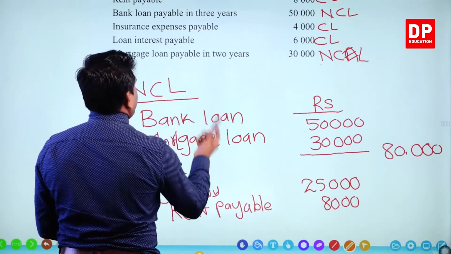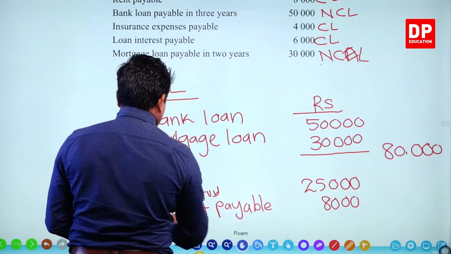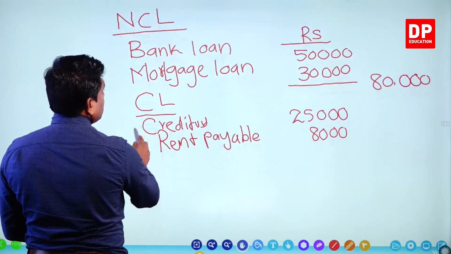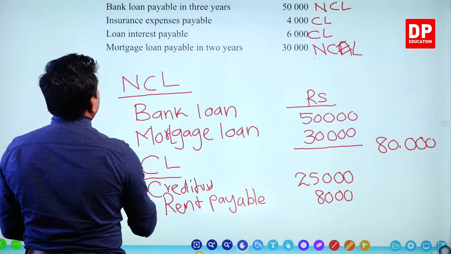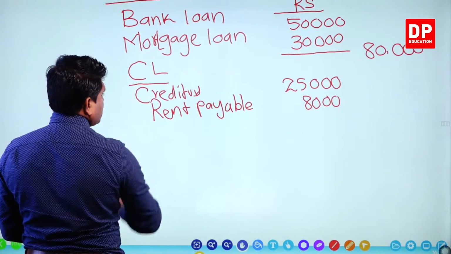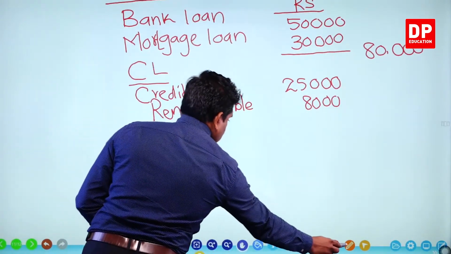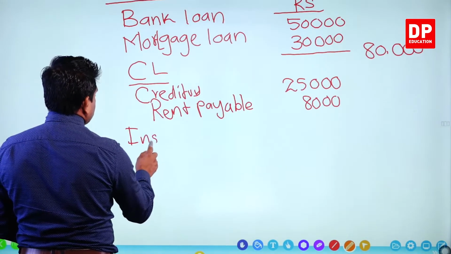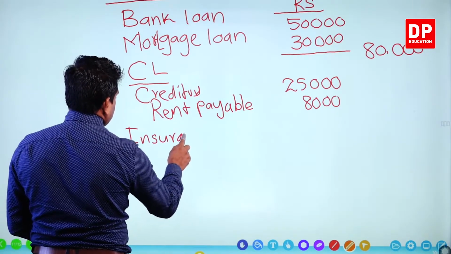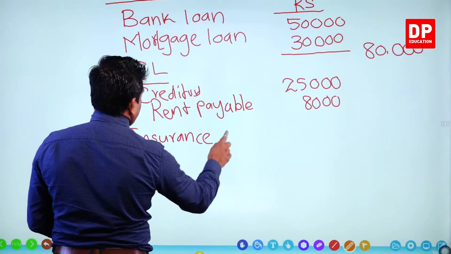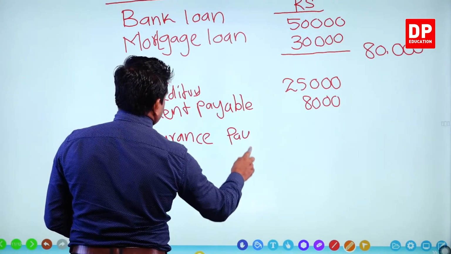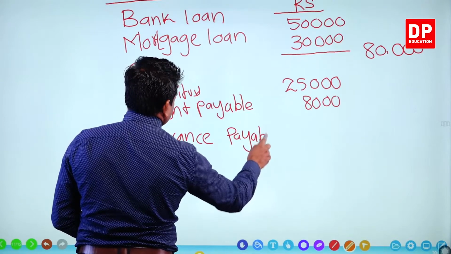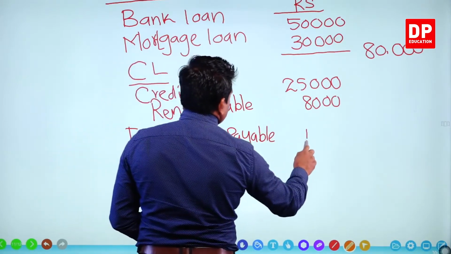Insurance expense payable 4,000. Insurance payable, 4,000.